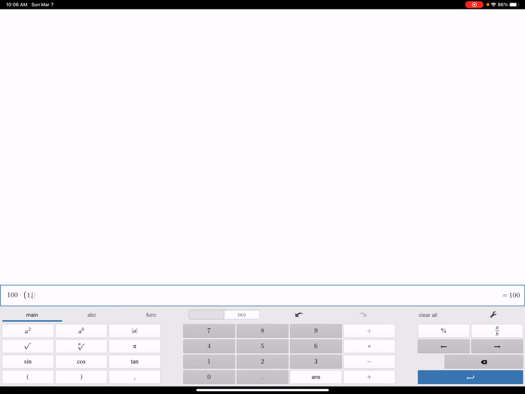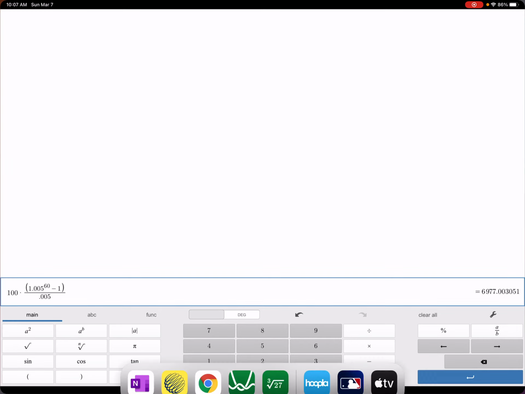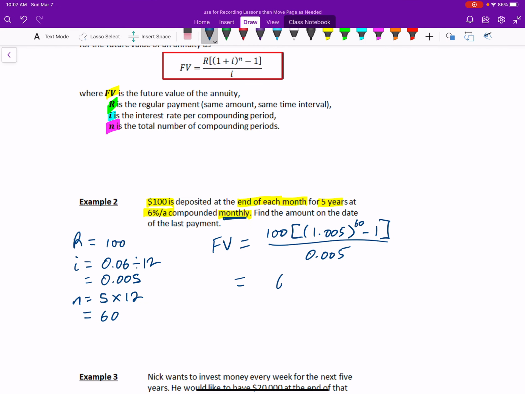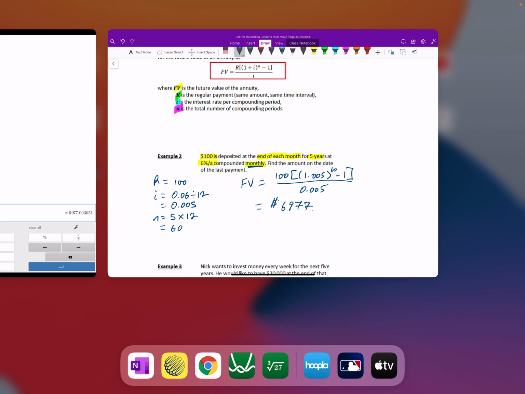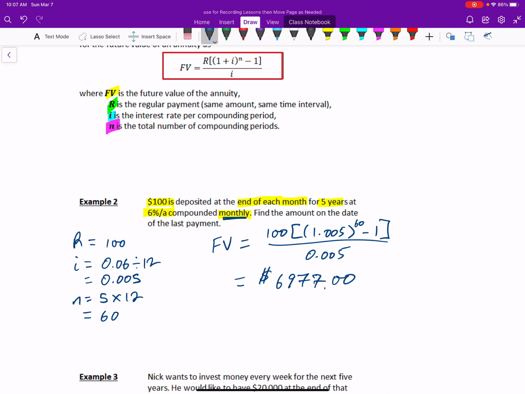Bracket, 1.005 to the exponent 60 in this case, minus 1, end bracket, divided by 0.005. That gives $6,977 and 0 cents if I round to 2 decimal places.